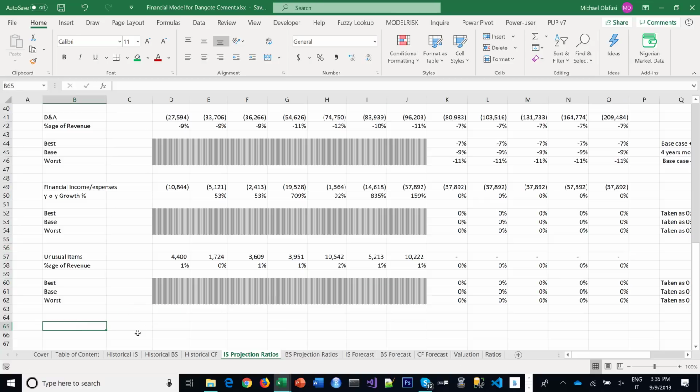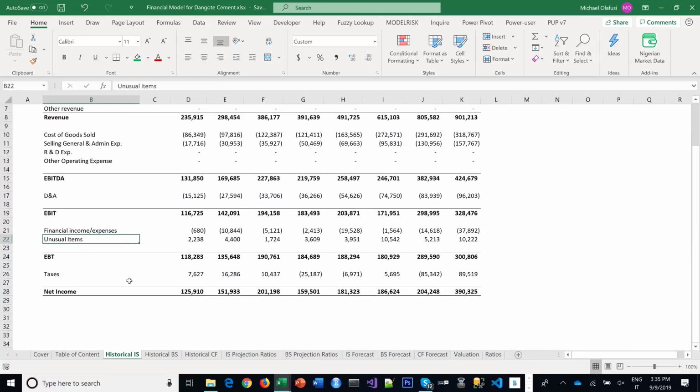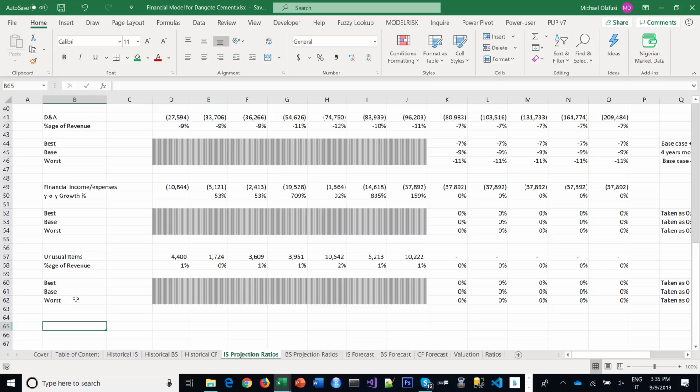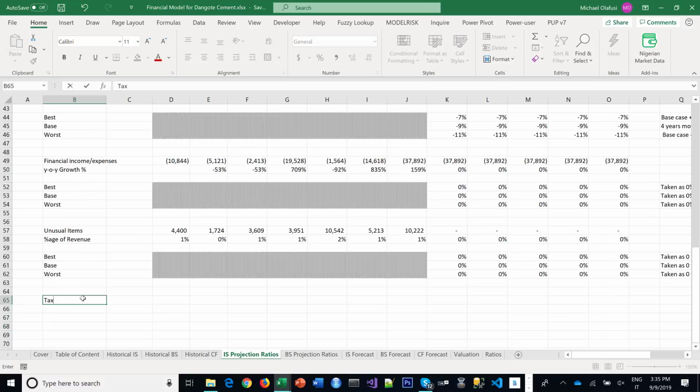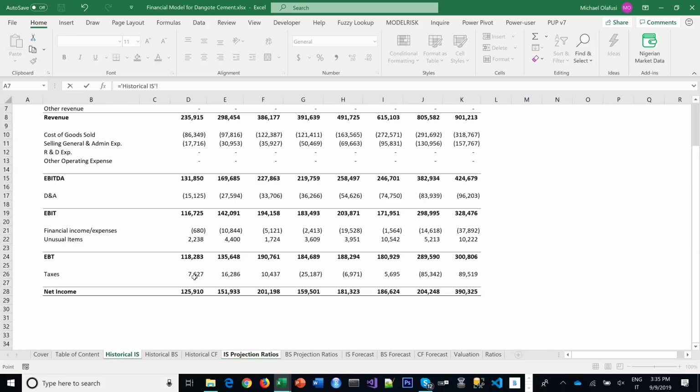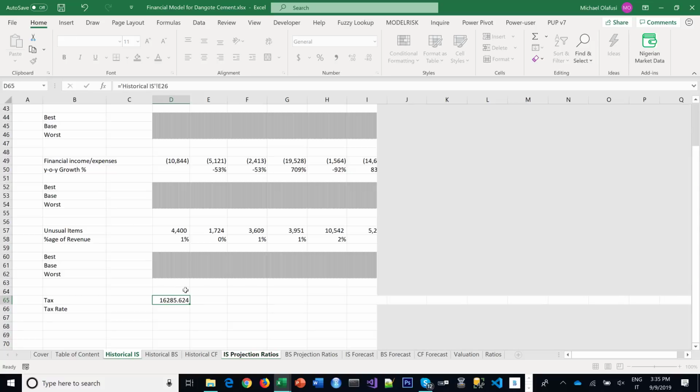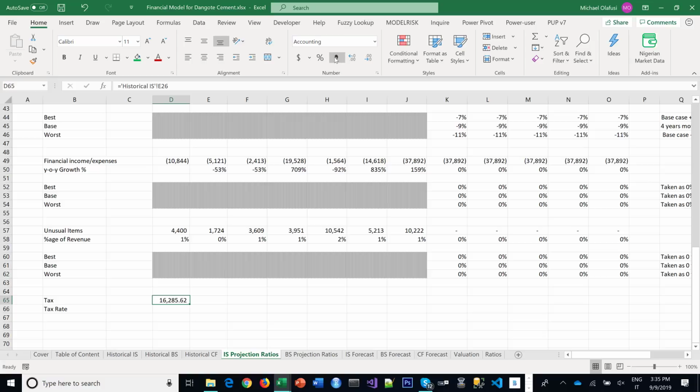and I'll do it for tax. So tax is a bit not as straightforward as all we've done before now, because for tax you project using the tax rate. Okay, so I go and pick historical. So Dangote has been enjoying a lot of pioneer status and tax credit and such like.